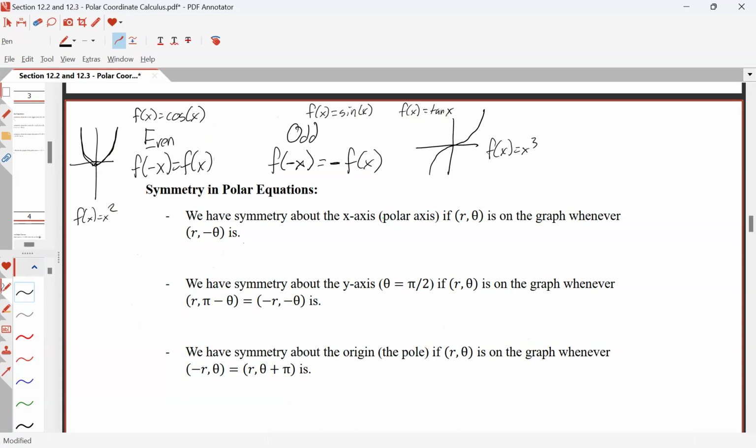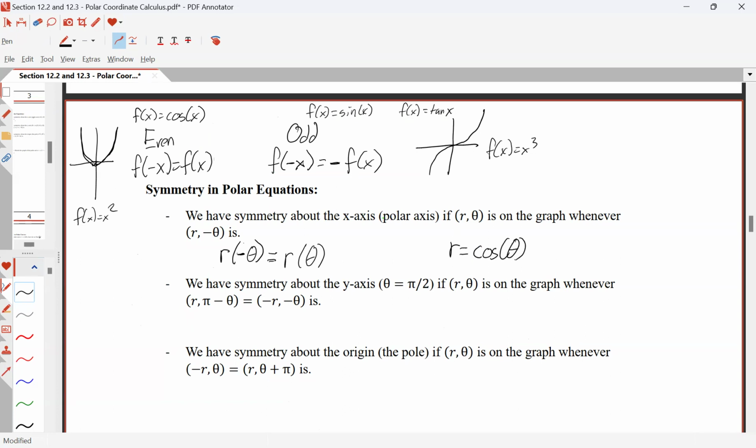Symmetry in polar equations works very similarly in that we have symmetry about the x-axis or the polar axis if r, theta is on the graph whenever r, negative theta is. This is going to look like taking a function r comma theta and plugging a negative in for theta. And if we get the same thing back, this will have symmetry across the x-axis. An example would be the graph r equals cosine theta.